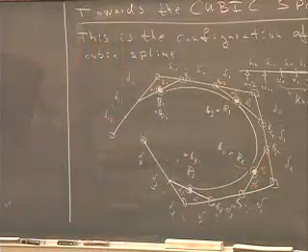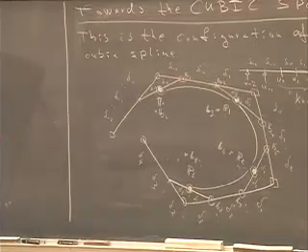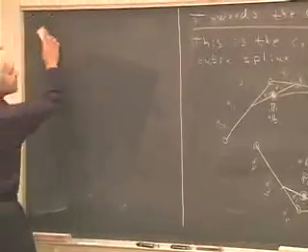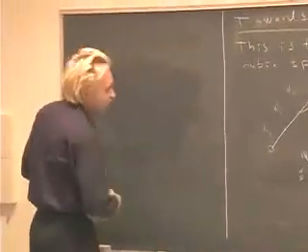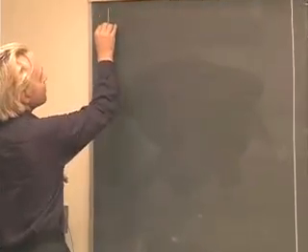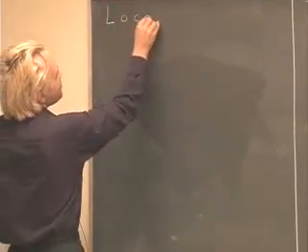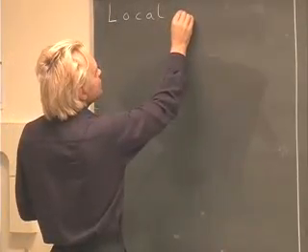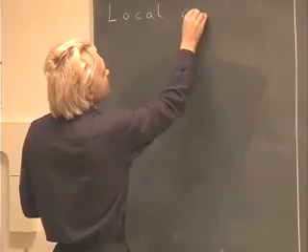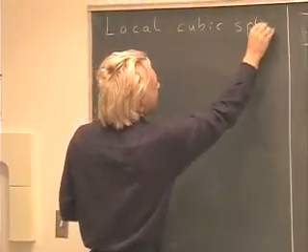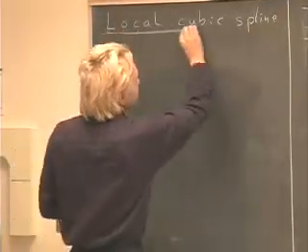We write down what is going on locally. So this is now not idea. This is really the essential building block for the cubic spline. Local, this is a very important figure. Local cubic spline conditions.